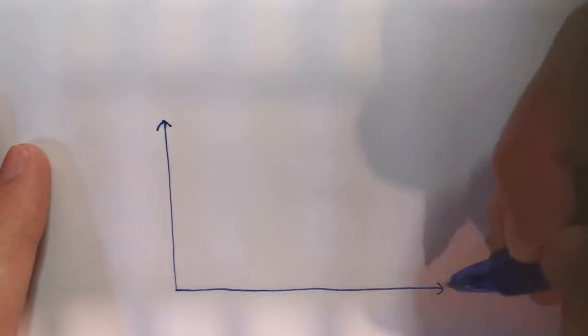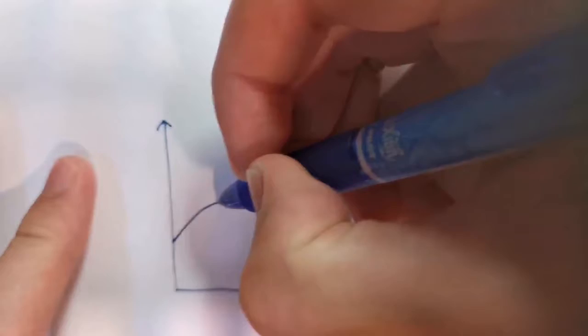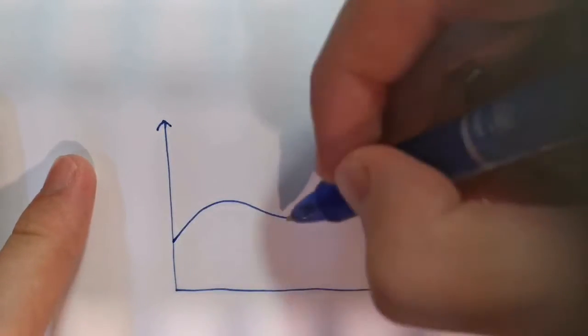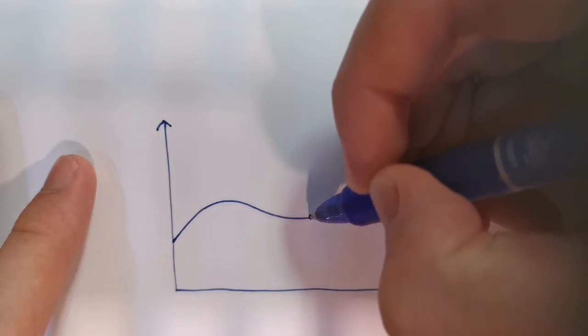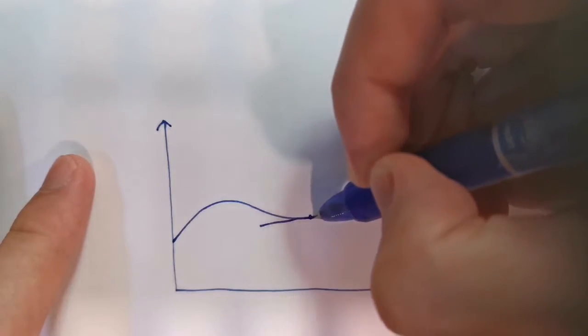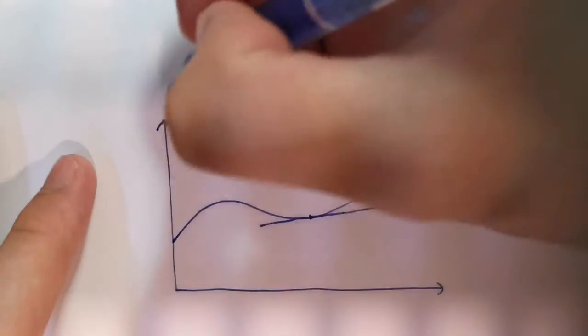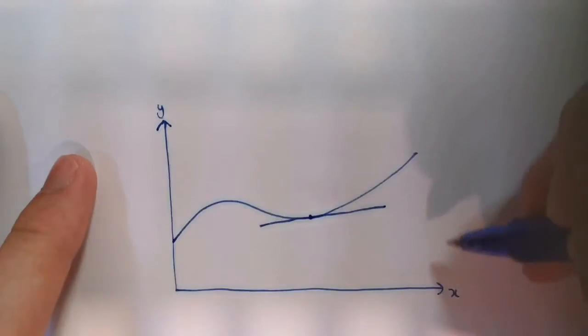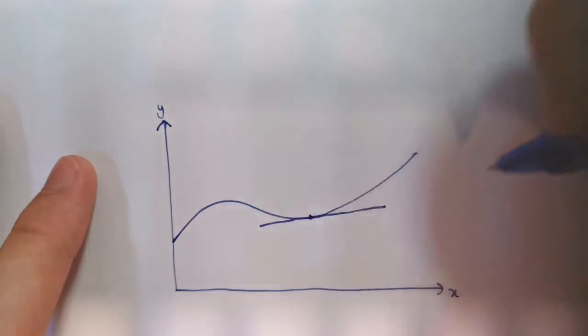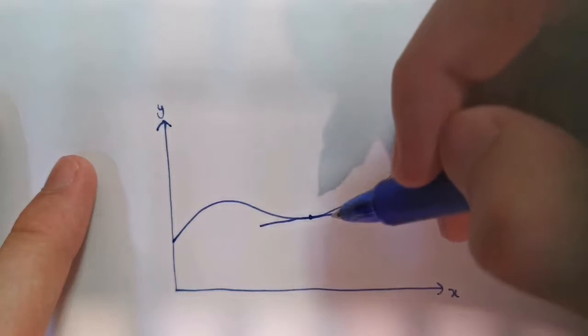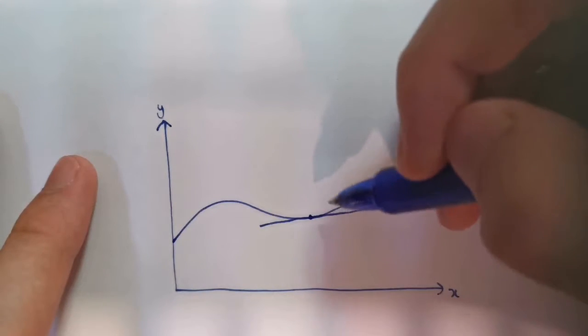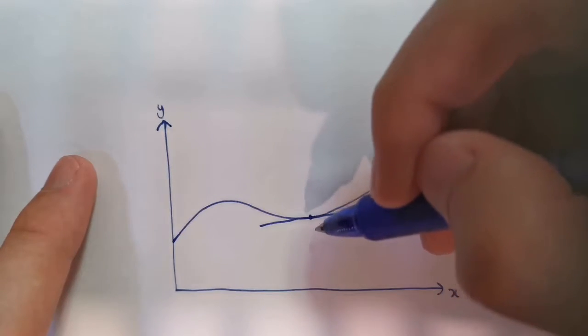So let's say you have a graph. The rate of change at this point is basically the gradient here. So if this is y, if this is x, then this is the gradient, the derivative of the graph at this point.